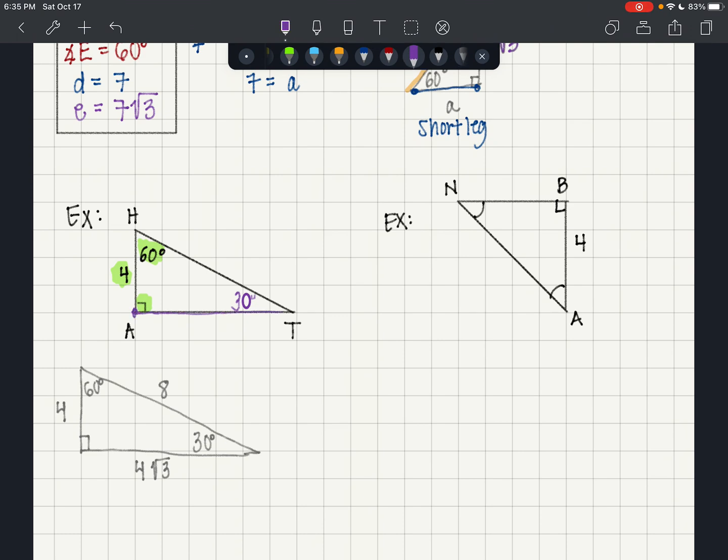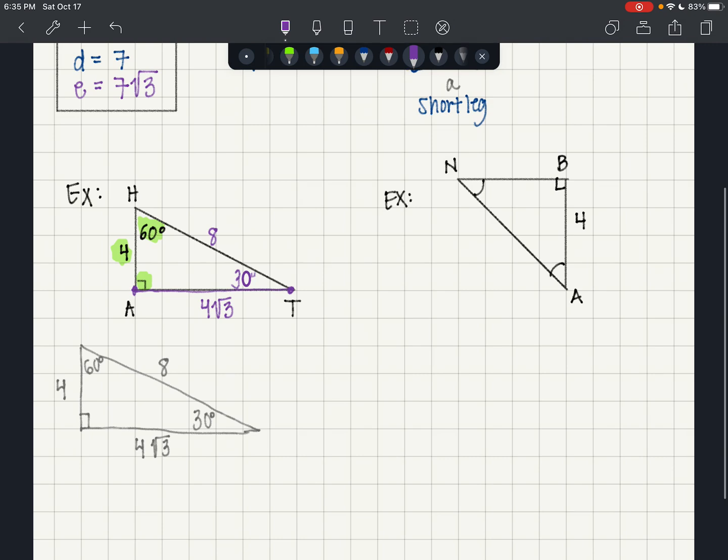Side length AT is going to be 4 times the square root of 3. And the hypotenuse HT is going to be 8. So we have solved this triangle. Those are the 3 parts: 30 degrees, our long leg is 4 times the square root of 3, and our hypotenuse is 8.